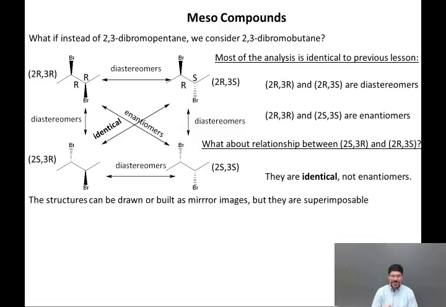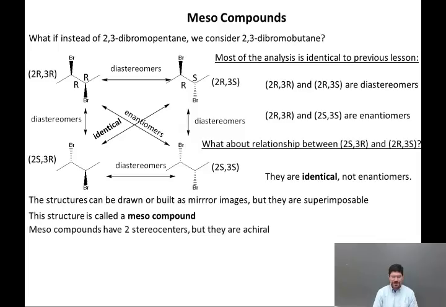So these structures can be drawn or built as mirror images, but as I said, they are superimposable. Whenever you have this case in which you have isomers that look like they should be enantiomers but are actually one compound, the structure is called a meso compound or meso isomer. So meso compounds have two stereocenters. These are still stereocenters by definition.